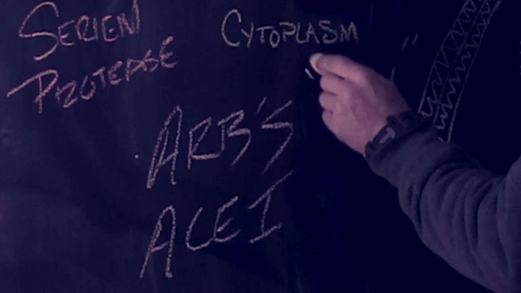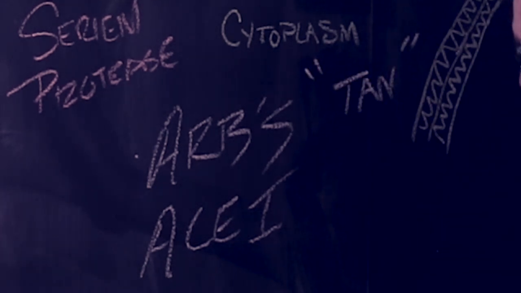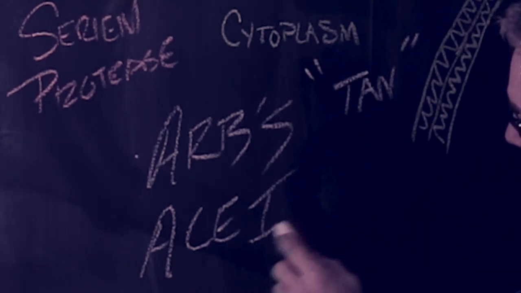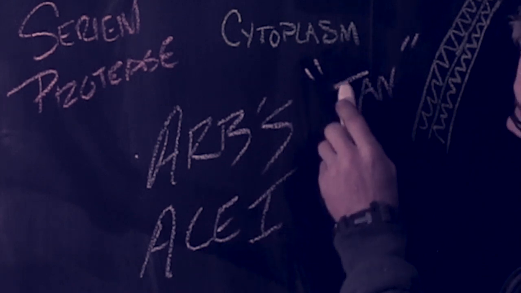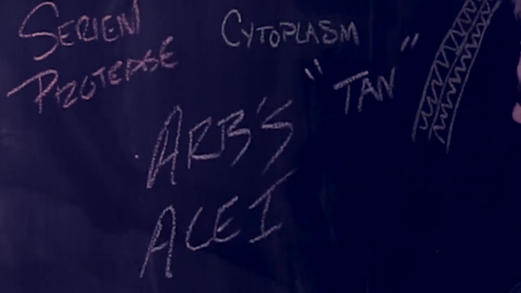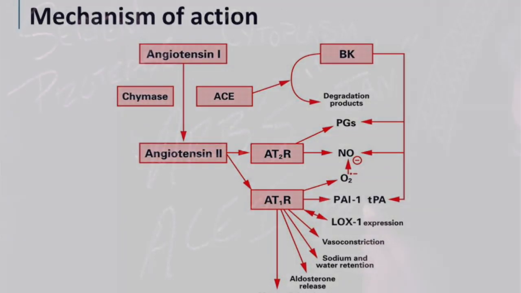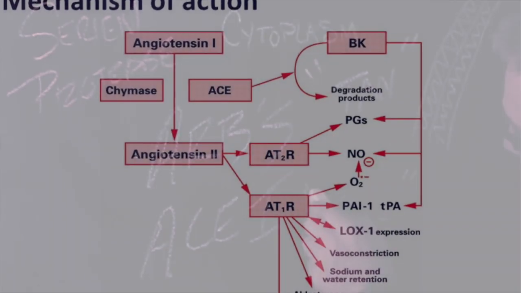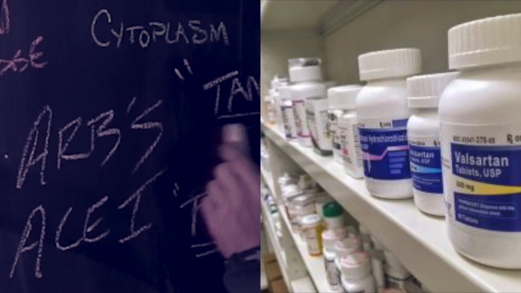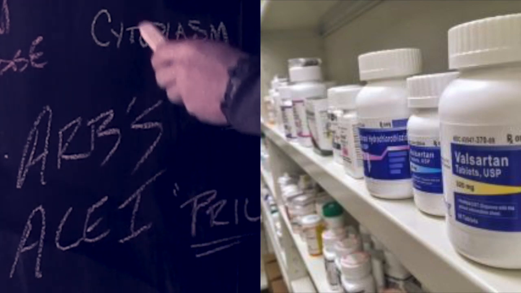So how do you know if you're on an ARB or an ACE inhibitor? Typically ARBs end in tan. So you might see this as losartan or irbesartan or candesartan. These are all tans. They are angiotensin receptor blockers. We're going to talk more about what they do.